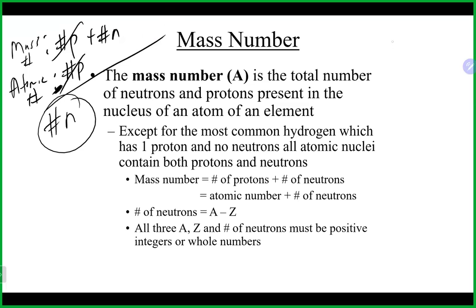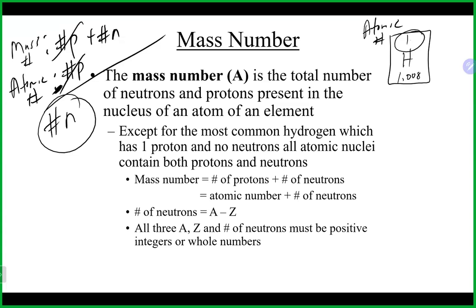So if we look at something like hydrogen on the periodic table, it says 1, and below it something like 1.008. We know that the atomic number is on top. Can I find the mass number on the bottom? Is that the mass number? The answer is no, it is not the mass number.